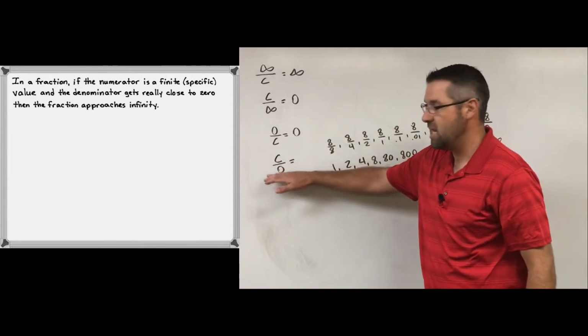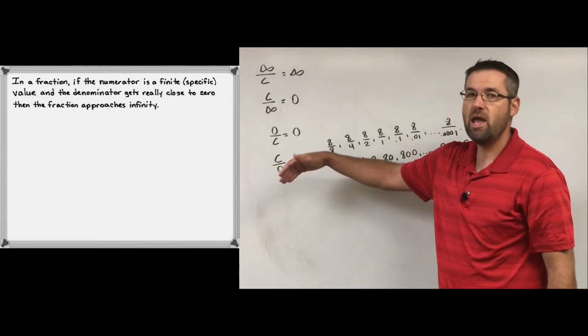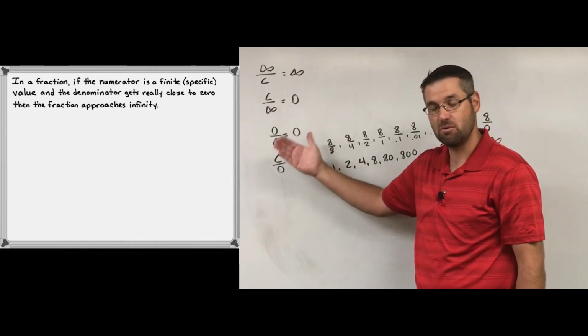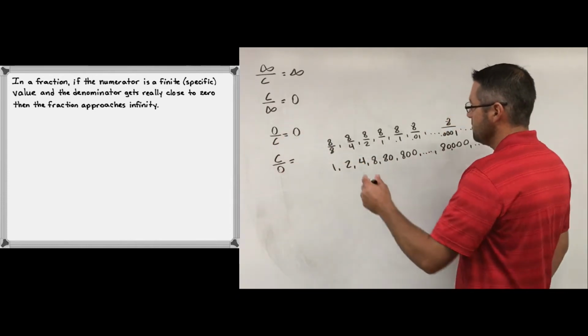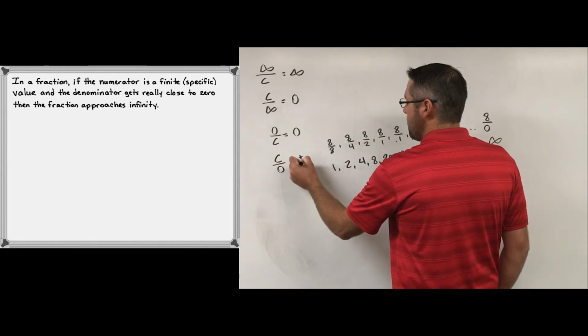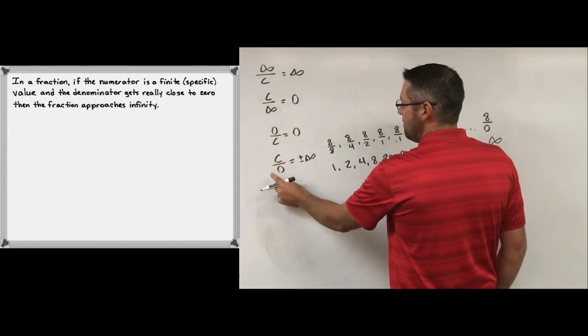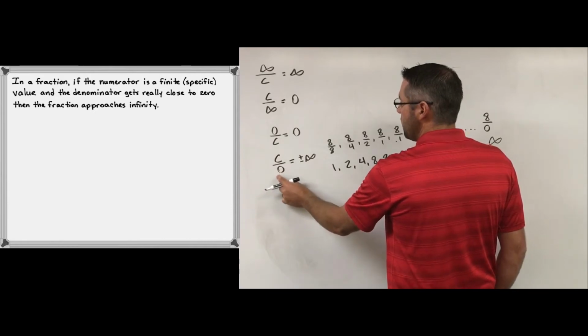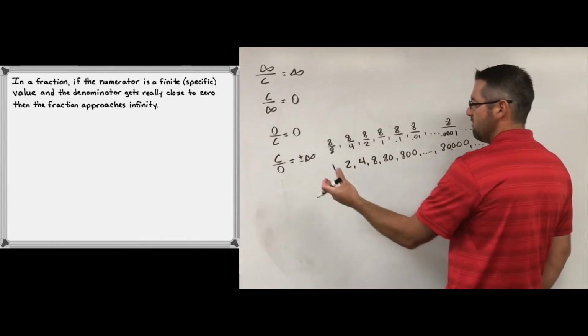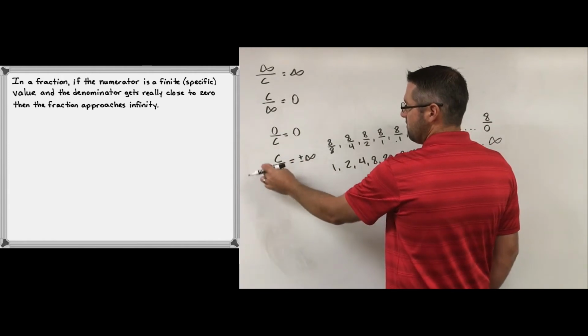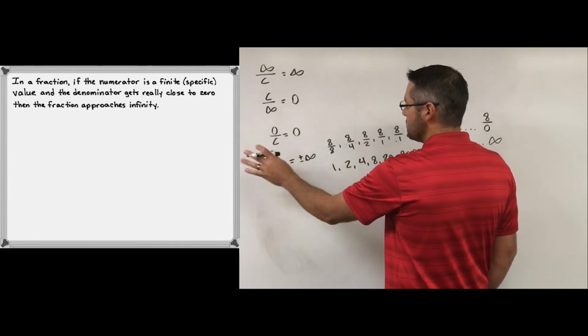When the denominator is approaching 0, not when it is actually 0, because then it would be does not exist. So we would say that this is going to be plus or minus infinity, depending on the sign here, and depending on which side we are approaching 0 from. So if we're approaching it from the left or the right, that's going to be a sign, and then we would say a positive divided by positive, positive divided by negative, and so on.